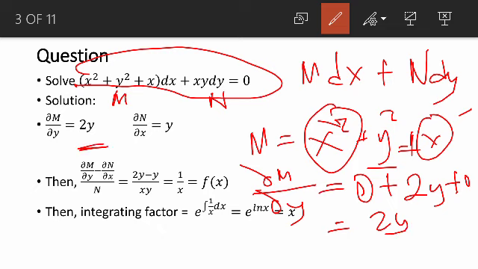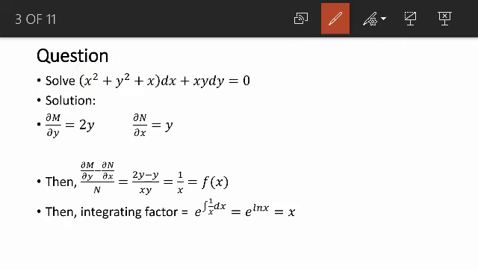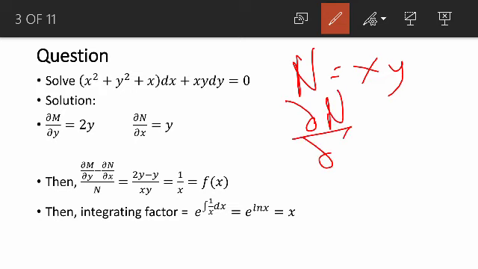The same thing when you pick N equal to xy and want to find the partial derivative of N with respect to x. Differentiating x is 1, so 1 times y is y.